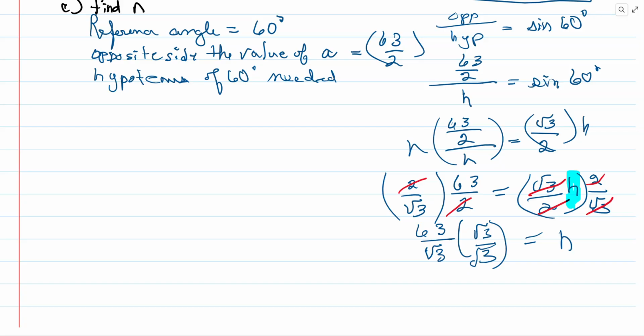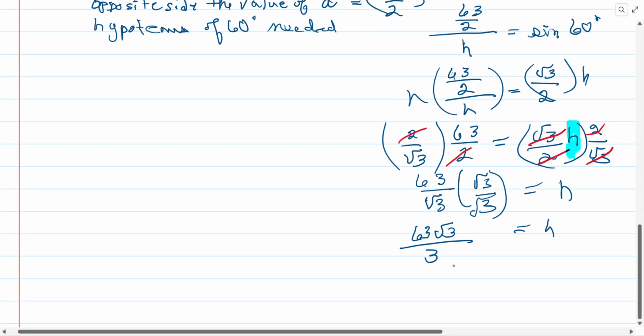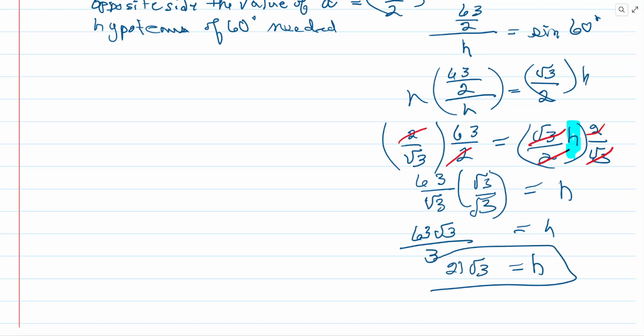Then that'll give me 63 square roots of 3 over 3. 3 will divide into 63 evenly, so I'm going to get 21 square roots of 3 is h. And that's the exact answer, which is what they want.